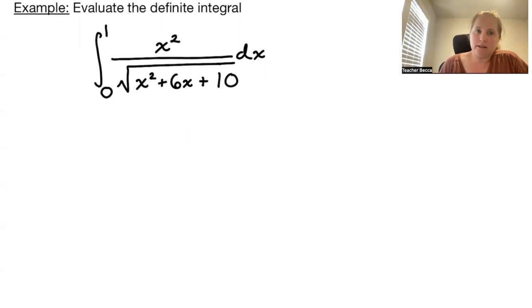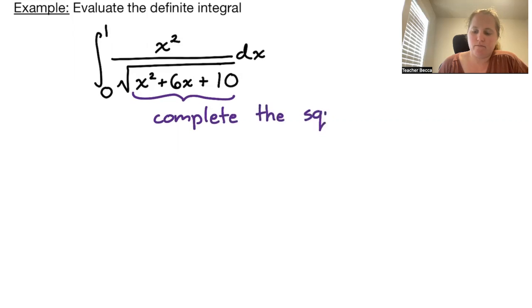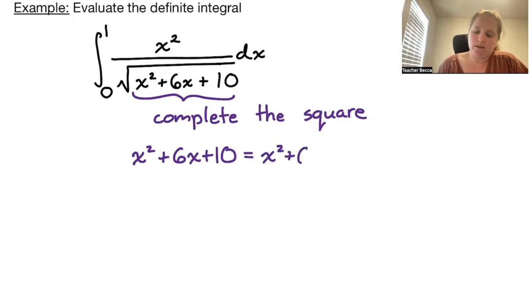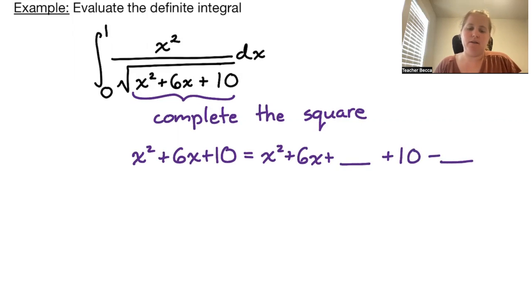So in this case, again, we're going to deal with completing the square first for our square root. If we complete the square first, that x squared plus 6x plus 10 is equal to x squared plus 6x plus blank plus 10 minus blank to balance out what we're adding in.